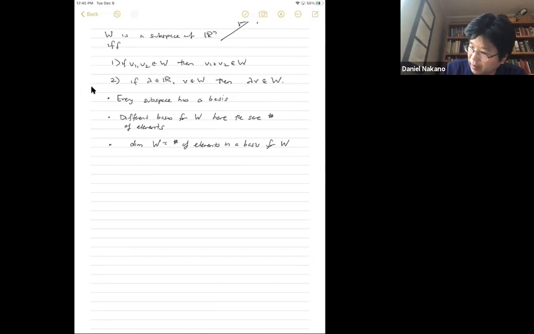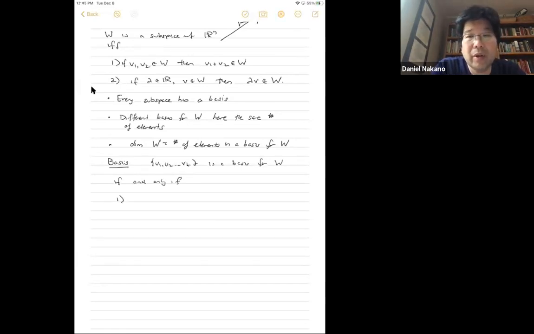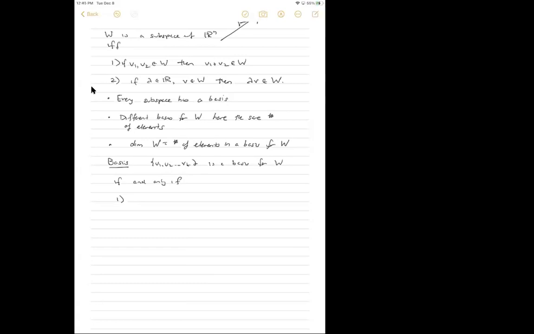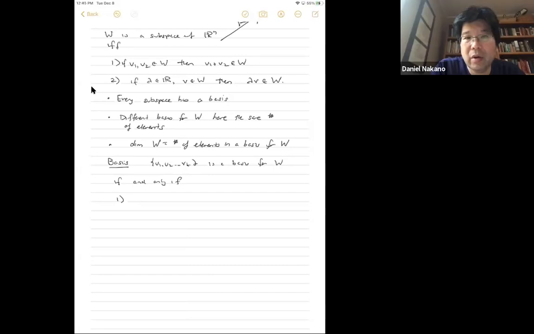All right, so let me just remind you about a basis. V1, V2 up to Vt is a basis for W if and only if two things happen. What do you have to check in order to have a basis? Anyone?